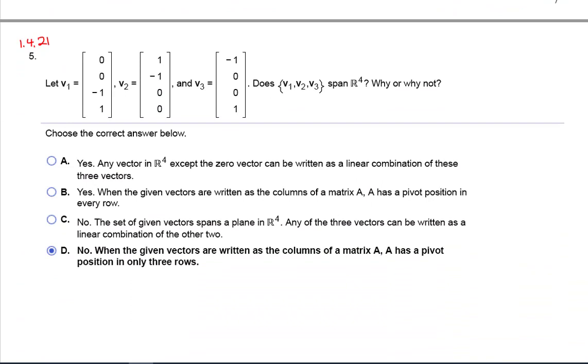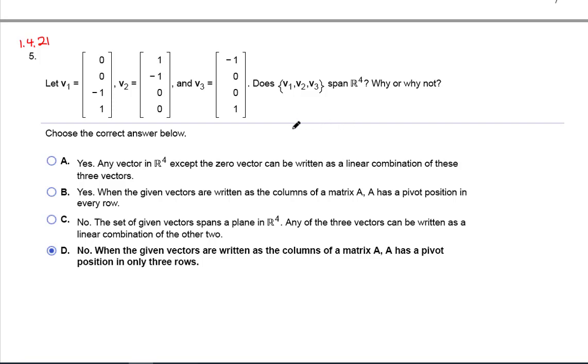And in the last question here, I've got V1, V2, V3. The question is, do these three vectors span R4?